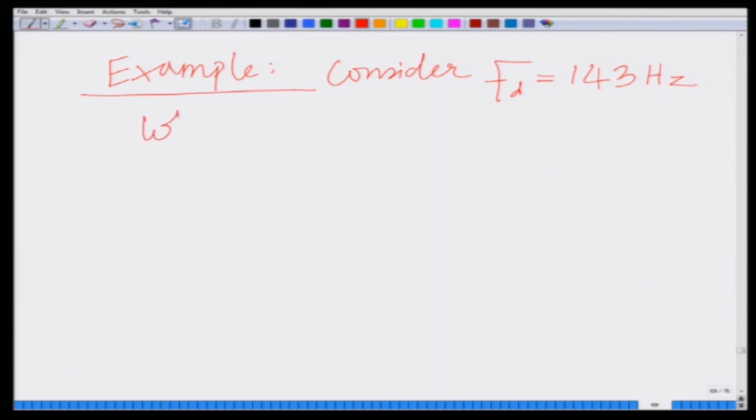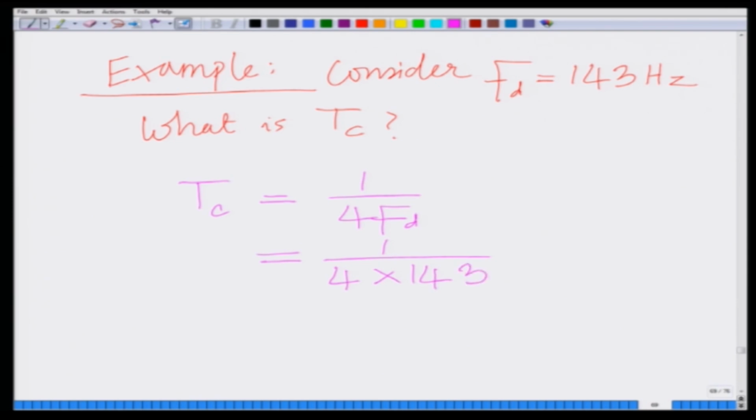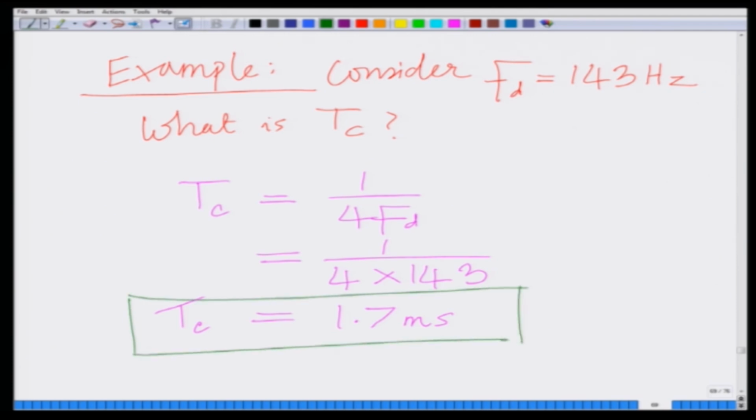What is the coherence time T c for this scenario? We have seen that T c equals 1 by 4 f d equals 1 by 4 into 143 hertz, which is equal to 1.7 milliseconds. So, the coherence time for this scenario is T c equals 1.7 milliseconds.